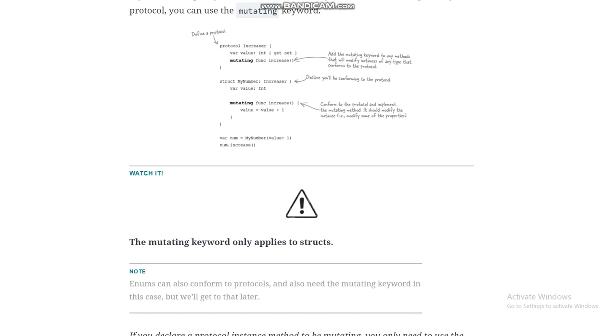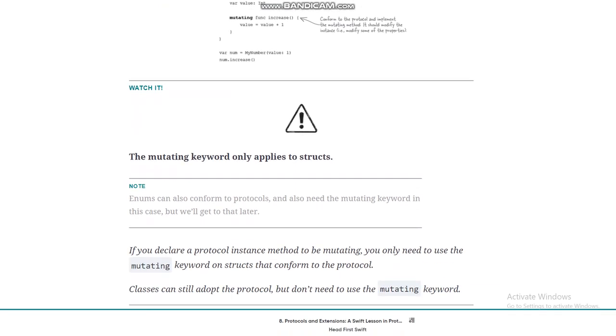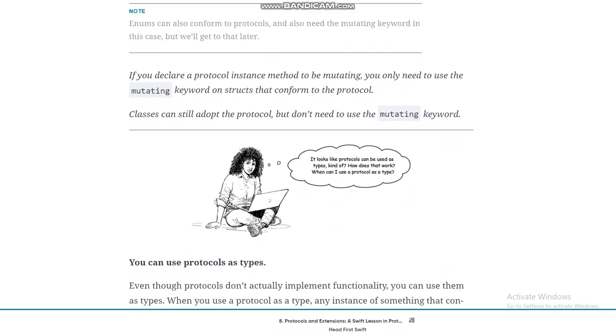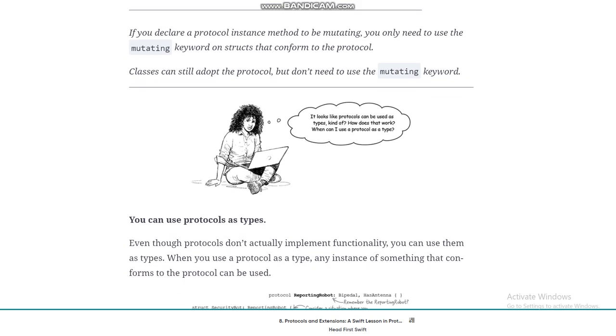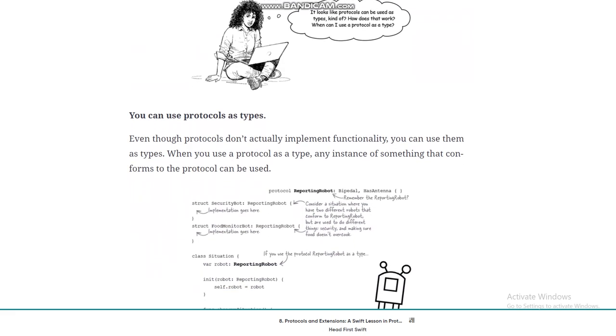We say that mutating is like this, right? We can declare a protocol's instance method to be mutating. We also need to use the mutating keyword on a struct that adopts the protocol. A class can still adopt the protocol but doesn't need to use the mutating keyword, right?